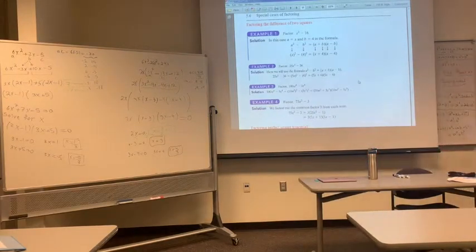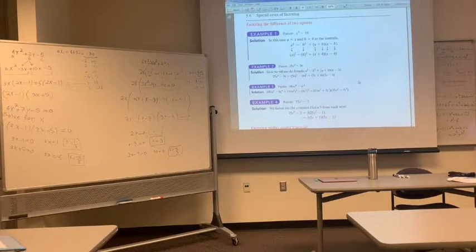So now we have a different type of factoring. It says factoring the difference of 2 squares. So previously we saw this one, a minus b power 2 is a square minus 2ab plus b square, correct? And we saw this one also, and we saw this one.